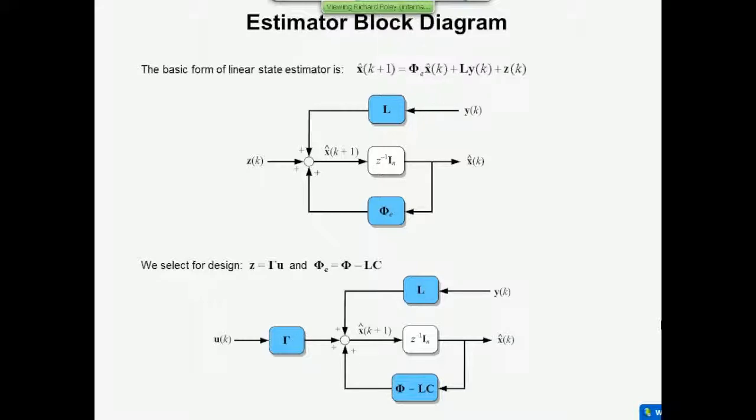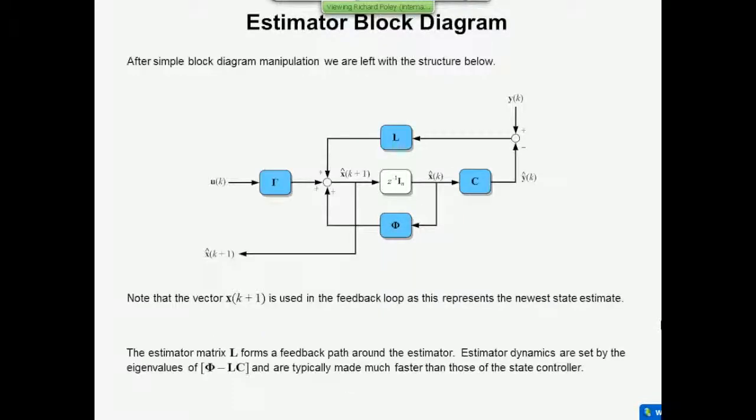Now here's the thing, we can redraw this, because this is Φ minus LC. Watch what happens next. No difference. This was Φ minus LC. So we've got Φ minus LC. It's an equivalent block diagram.